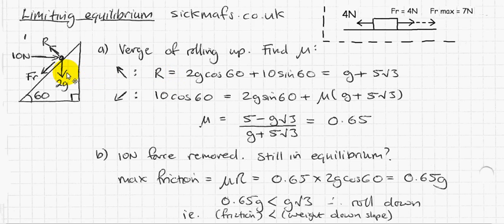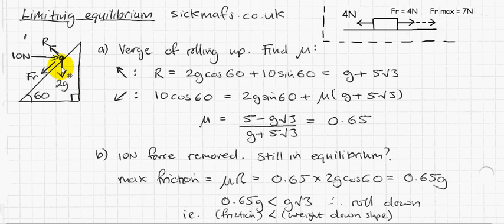R is equal to the weight component perpendicular to the slope, and it's also balancing a component of the 10 newtons force, because it's also pushing to some extent in this direction. We're resolving this way, so we want how much of this 10 newtons force and how much of this weight is going that way.